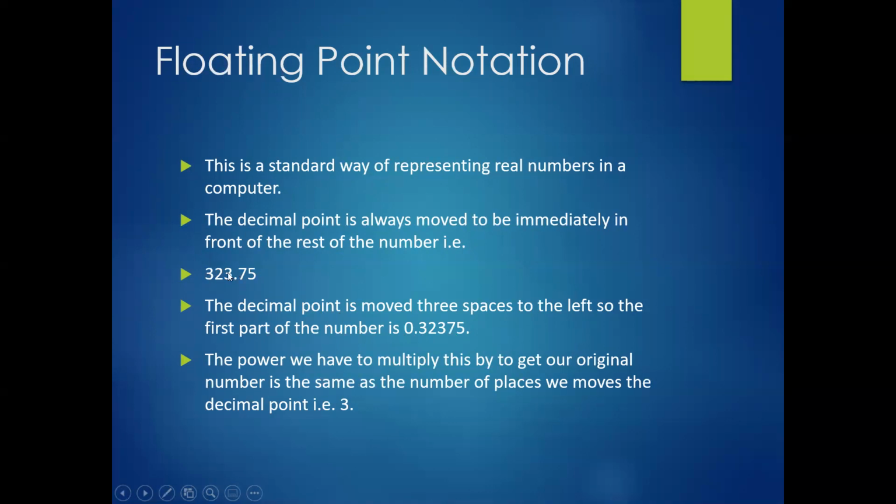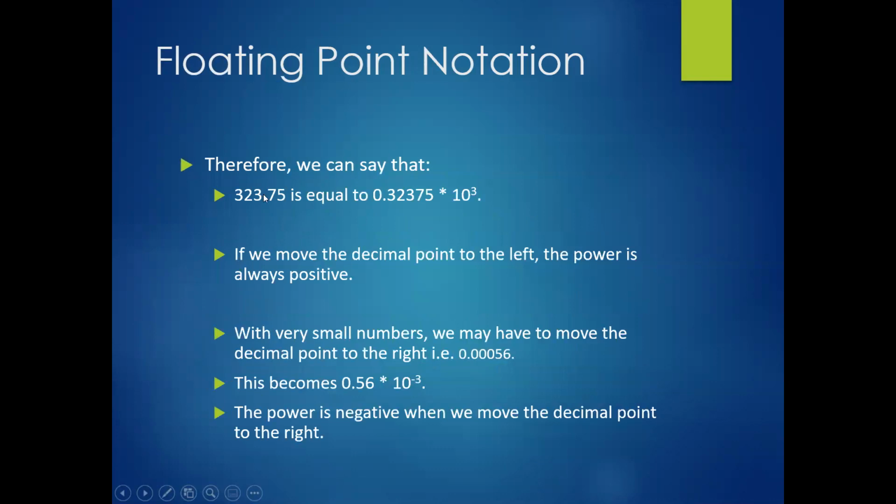So we're moving the decimal point to the left here, 1, 2, 3 spaces, the power becomes 3. So 323.75 is equal to 0.32375 times 10 to the power 3. We move the decimal point 3 spaces. If we move the decimal point to the left, this power is always positive.